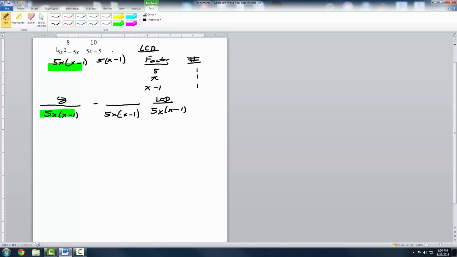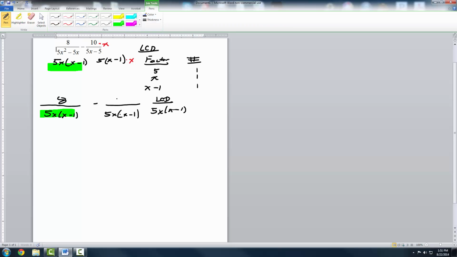All right, in order to get 5x times x minus 1, notice in this fraction we have the 5 and we have the x minus 1. We're missing the x. So what we need to do is multiply this one by x to make it equal to this, which means if we multiply the bottom by x, we have to multiply the top by x.